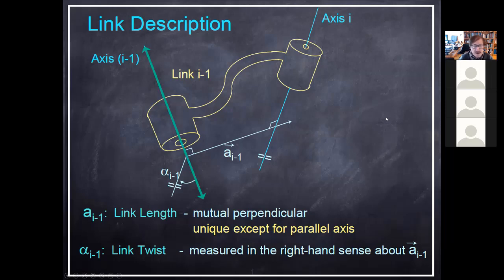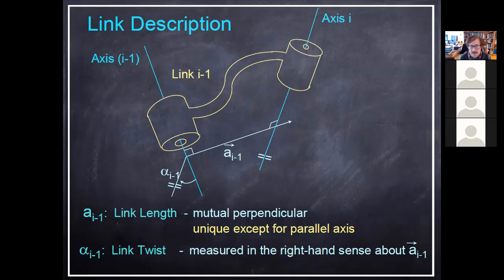If these two axes are not parallel, then there is only going to be one mutual normal, or mutual perpendicular line, a line which is perpendicular to both of the axes. If they are parallel, there will be infinitely many, but the length is going to be the same.